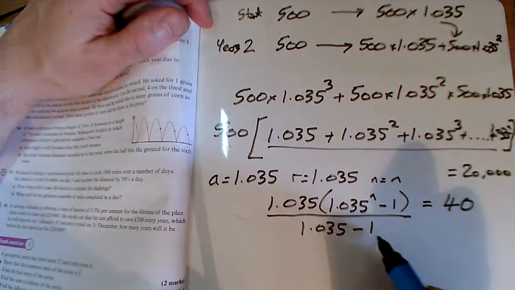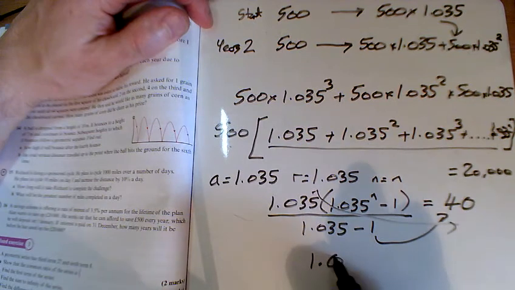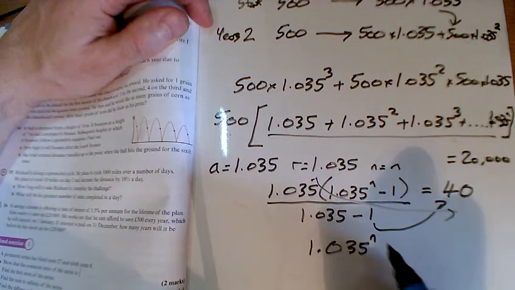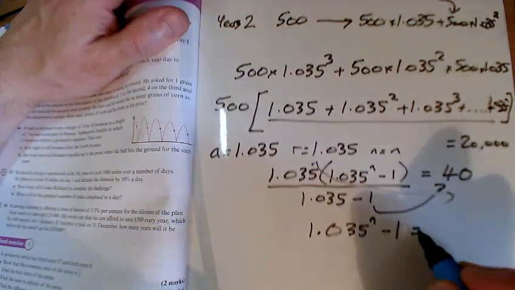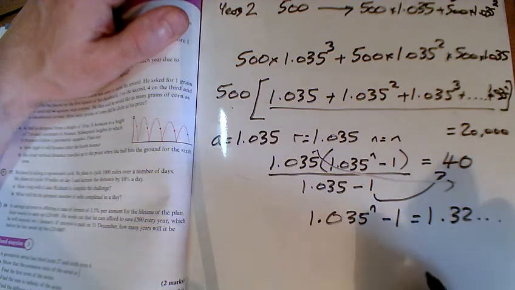Right, I'm going to times that up there and divide that as well, leaving me 1.035 to the power of n, take away 1, I'm getting there 1.32 and a few extra bits.